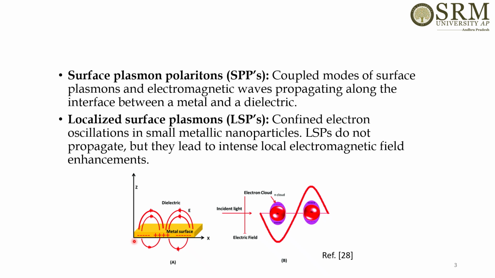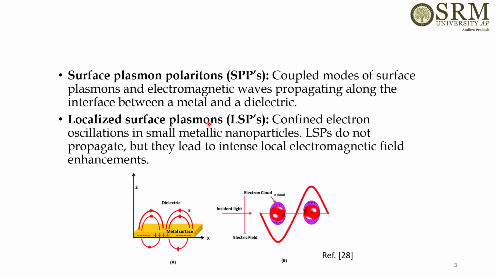Here you can see the interface of the metal surface and the dielectric. It is the coupling of this metal surface and dielectric, so that it propagates in that particular direction, the x direction here.